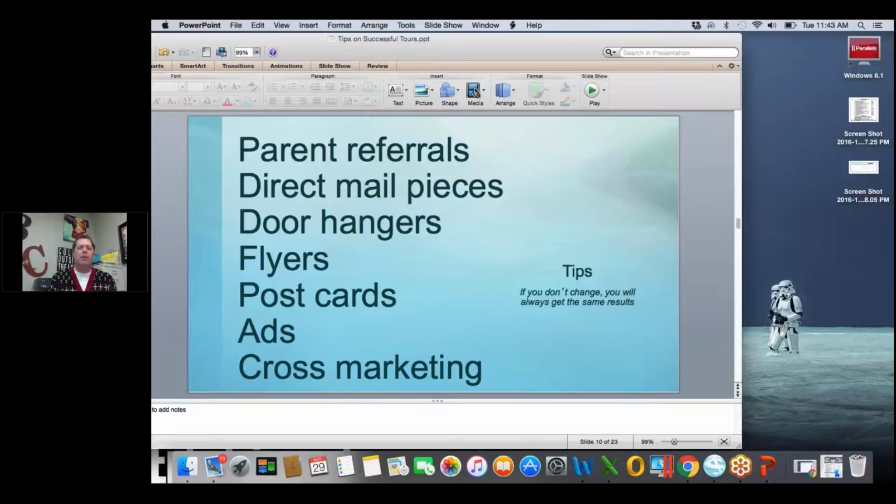You're going to have a picture of your building, and then a picture of the classroom, a picture of a child doing a project, a picture of a child reading a book, something like that. Real life pictures too, all right? Because again, these days, we're all ADD. We don't have time to read stuff. We want to look at a picture, get the information we need, and move on. So remember that when you're creating your marketing pieces.